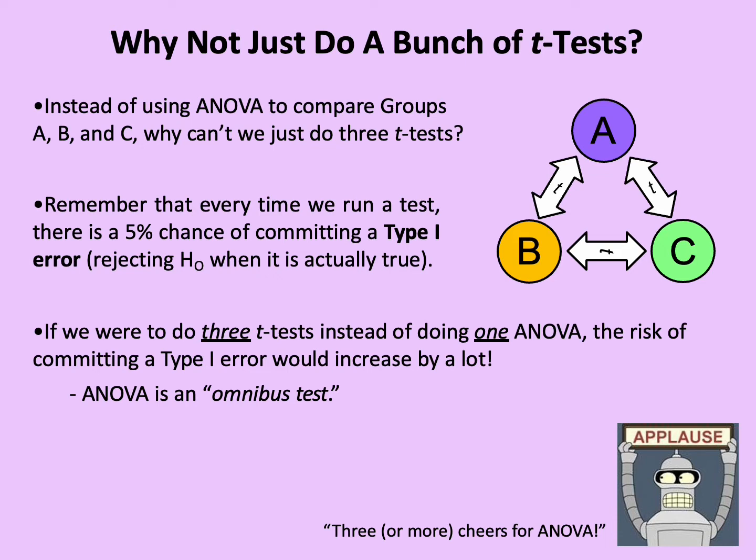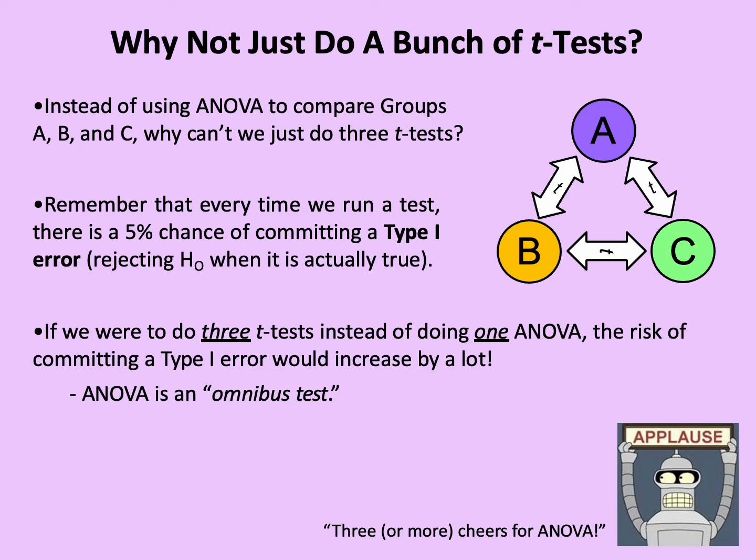Anytime we conduct a t-test or any other inferential statistics test, there is a 5% chance of us incorrectly rejecting the null hypothesis when the null hypothesis is actually true.